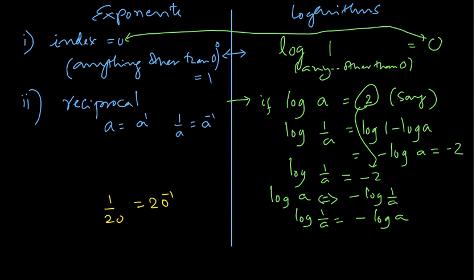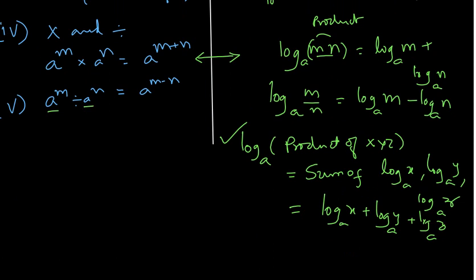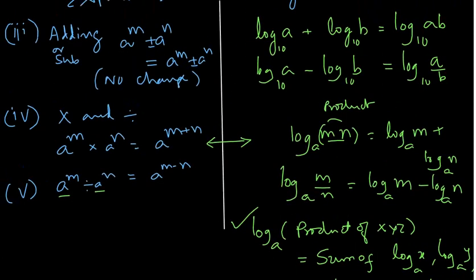In this case, this side, log of 1 by 2 equal to minus log 2, or log of 1 by 10 equal to minus log 10. These are the examples. Okay. So examples are in yellow. Okay. So the next one, it's kind of revision also. Just going backward, a to the power of m and the power of n.